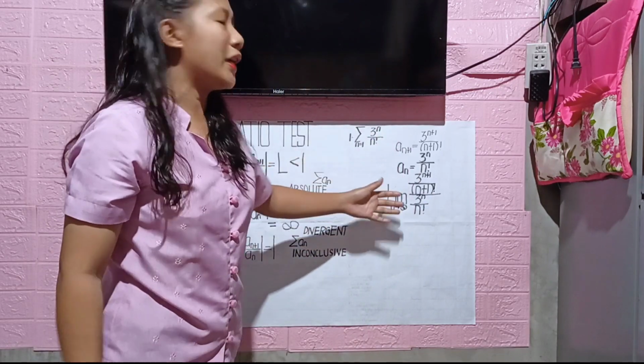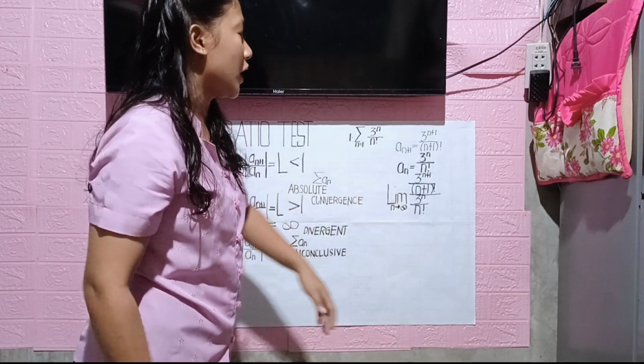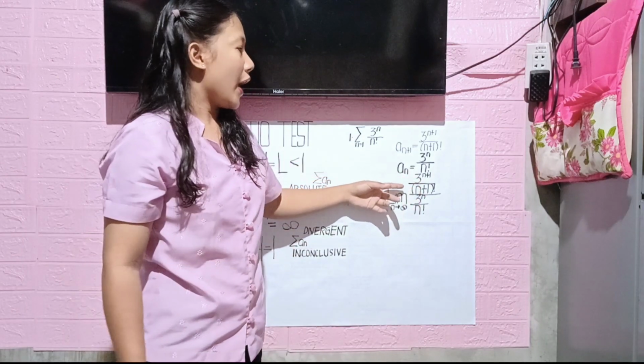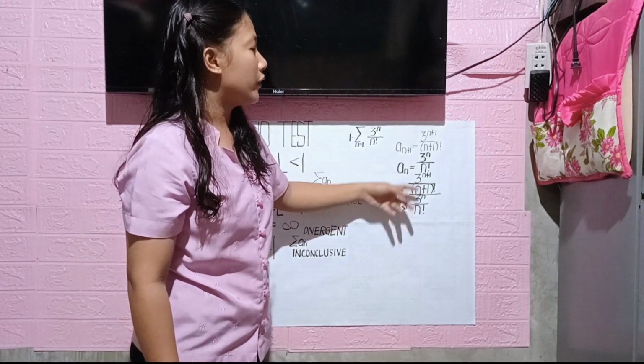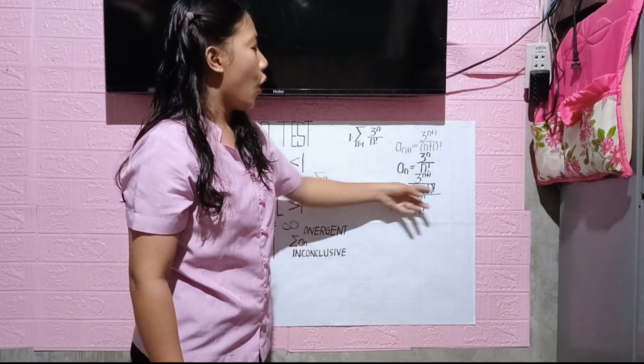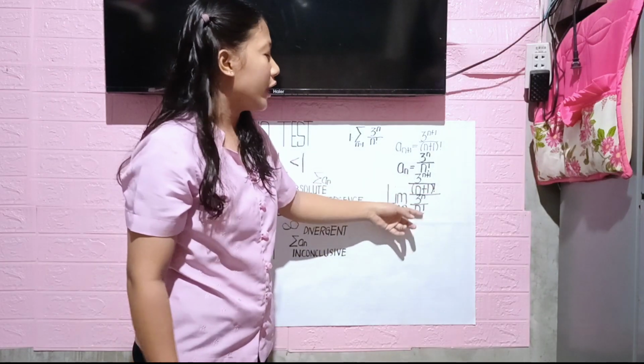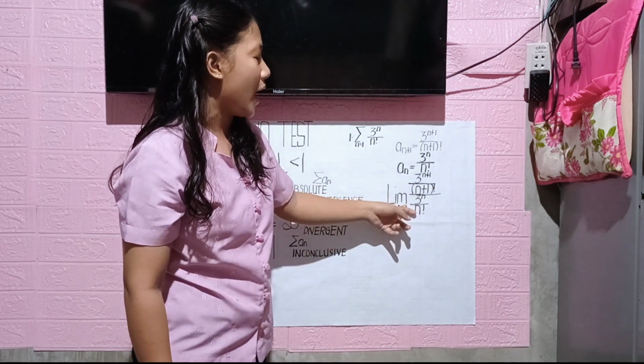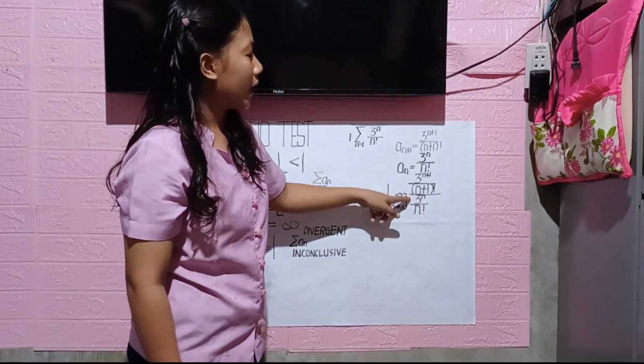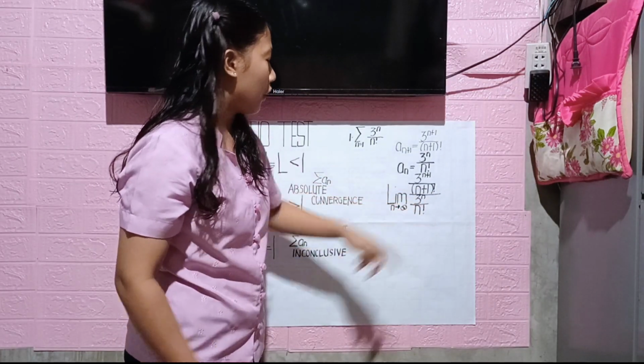So it is our limit as n goes to infinity of a sub n plus 1, which is 3 to the n plus 1 over n plus 1 factorial, divided by a sub n, which is 3 to the n over n factorial.